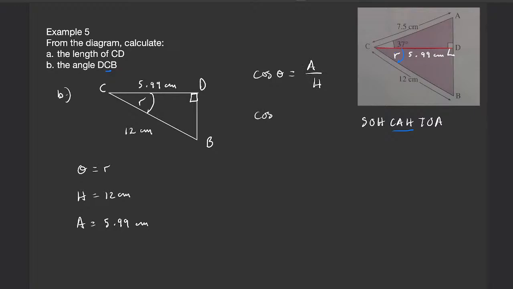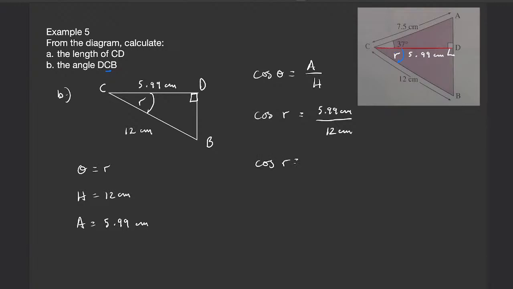Cos the angle, of course, which is equal to R, is equal to the adjacent, which is 5.99 cm, divided by 12 cm. Right? So I can simplify this.